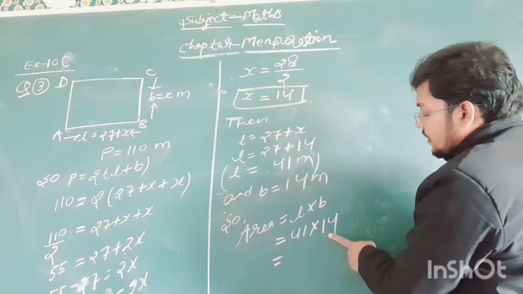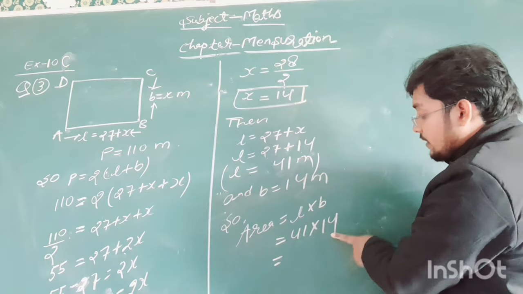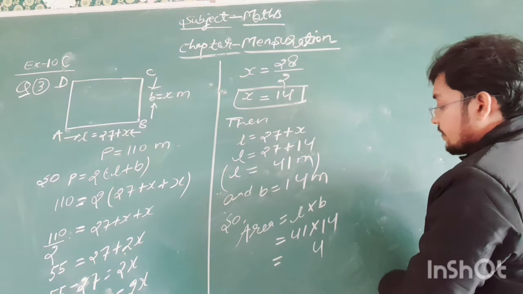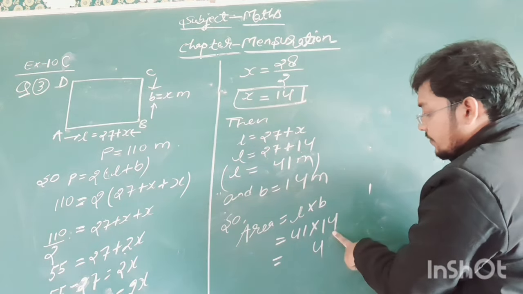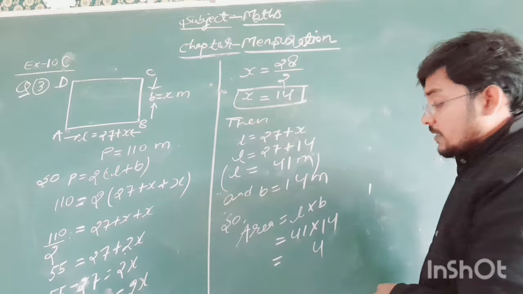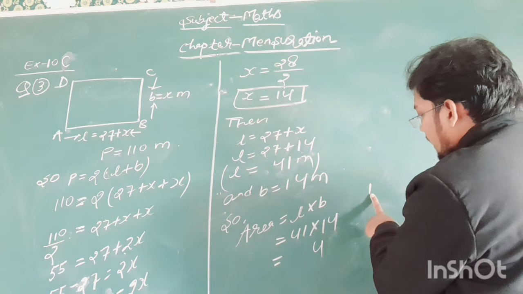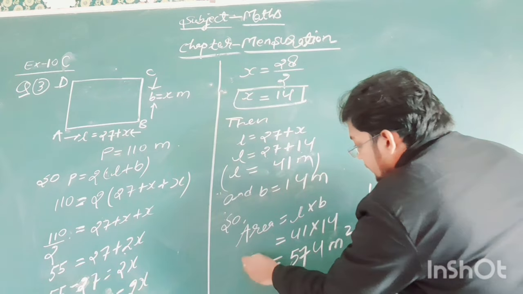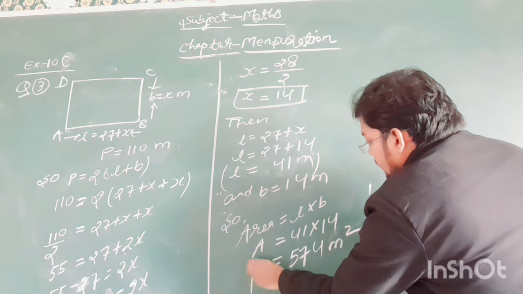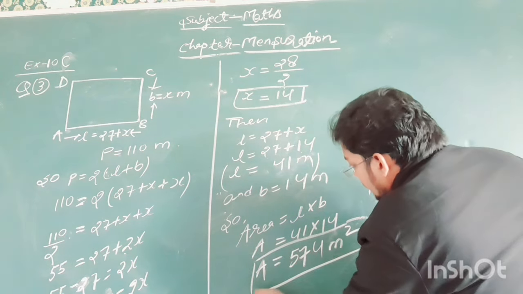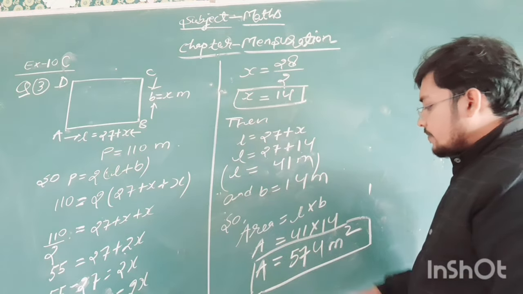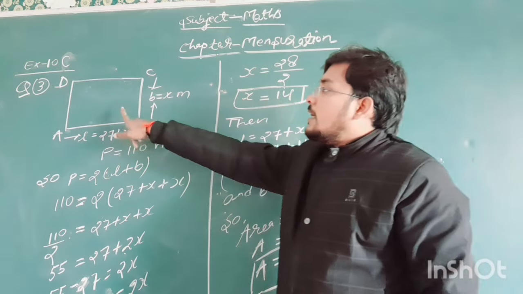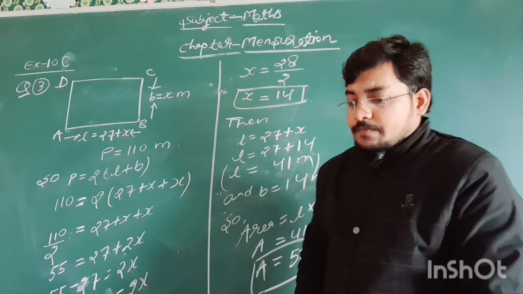The product of 41 and 14: 14 ones are 14, carry 1, 14 fours are 56, and 1 is 57. So A is equal to 574 meter square, which is the area of the rectangle ABCD.